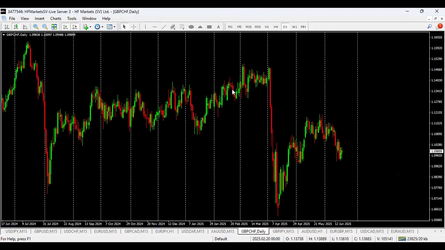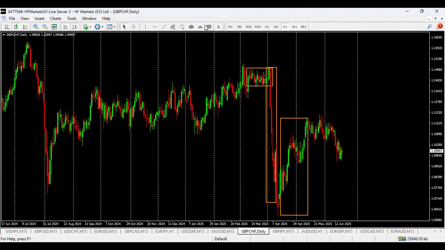You can see here, this was a very good consolidation market. We had a downtrend market and an uptrend market. And then we had a consolidation.